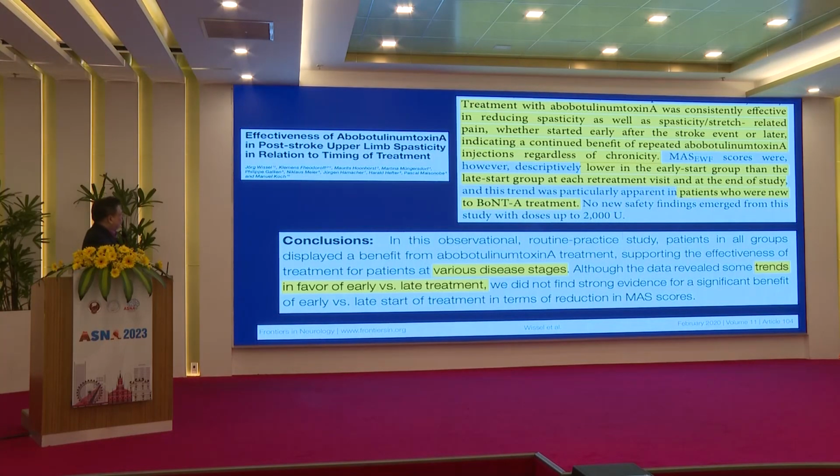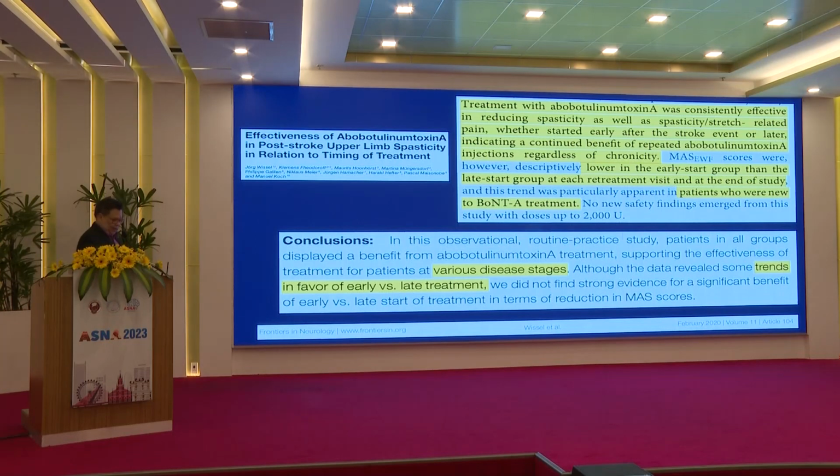Okay, so let's look at the other studies. More studies came. Here we have Georg Wissel from Germany who did a study. And if you look at the authors, this was also run by Ipsen. But at the end of the day, they also looked at comparing early versus late treatment.